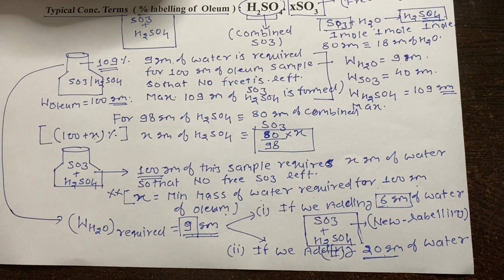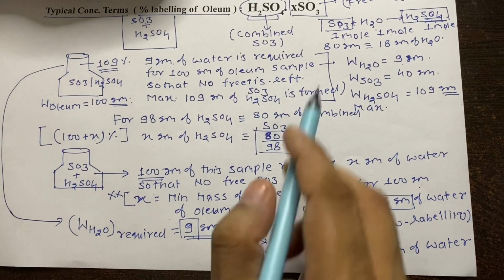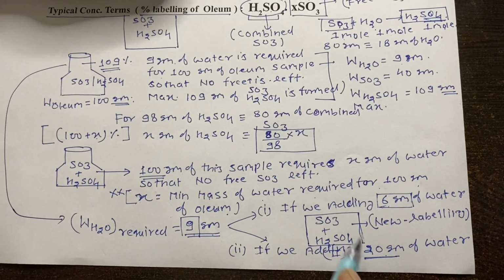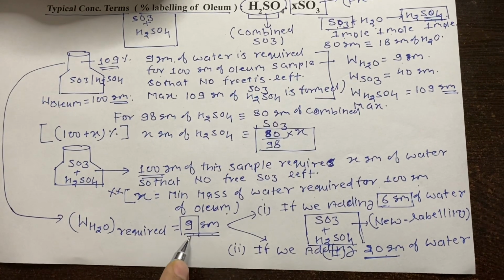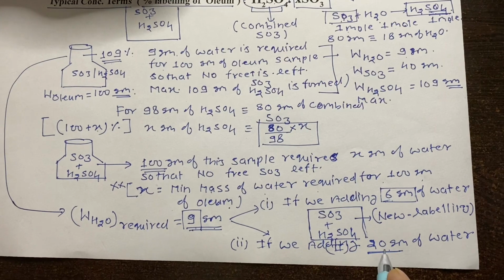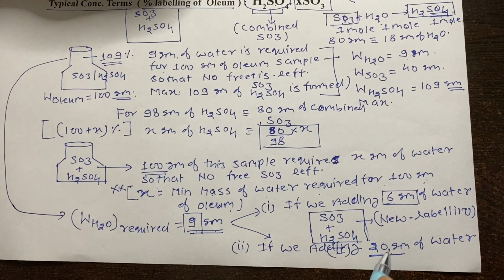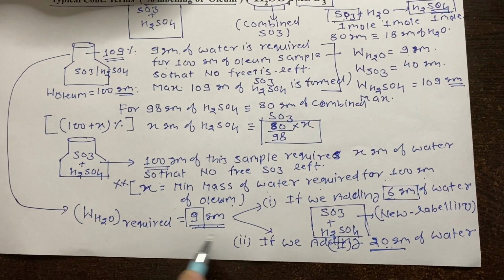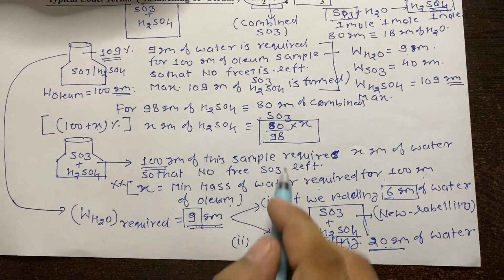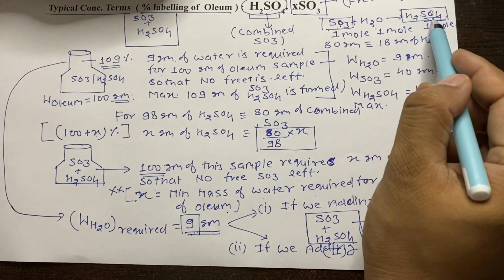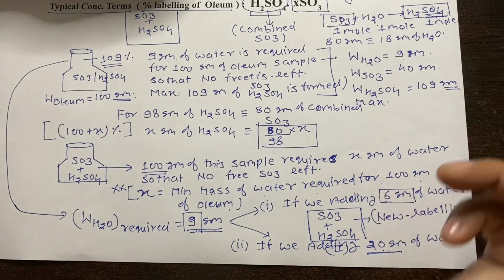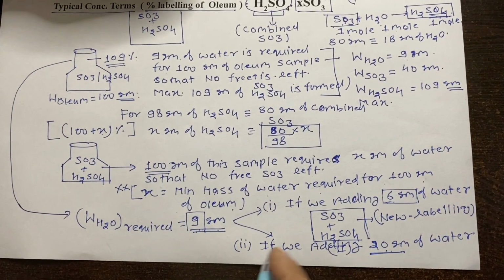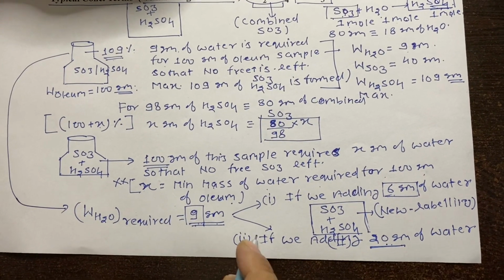To convert the entire free SO3, 9 gram of water is required, and we are adding 20 gram of water. So 9 gram of water will be used to convert SO3 completely into H2SO4, and definitely 11 gram of water will be left.